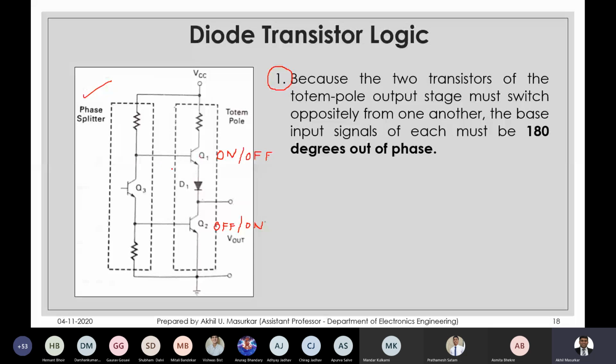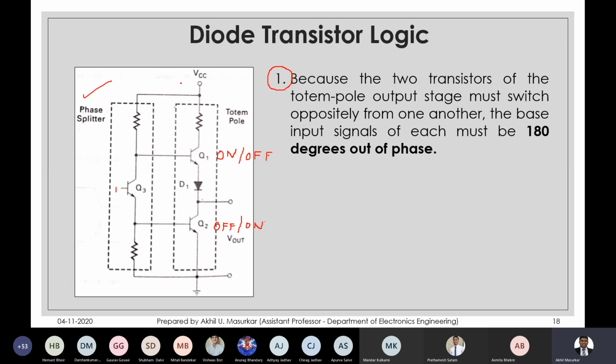And to control that operation, we require another transistor that is called as Q3. Now you should be able to see that instead of diodes, more transistors are coming up. That is why we are now shifting from diode transistor logic to transistor transistor logic.